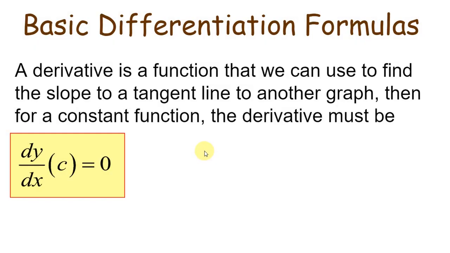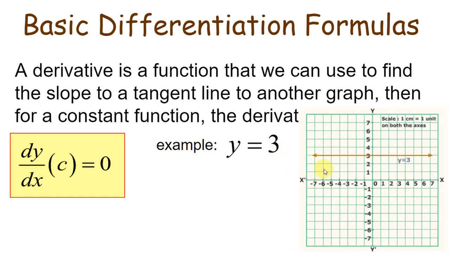So, basic differentiation, and the rules are pretty simple. If I wanted to find the derivative of a constant, well, let's think about that for a second. A constant, y equals 3. All this means is I'm going to find the derivative of a number, c. In this case, that number is 3. If we take a look at a graph, that's a horizontal line.